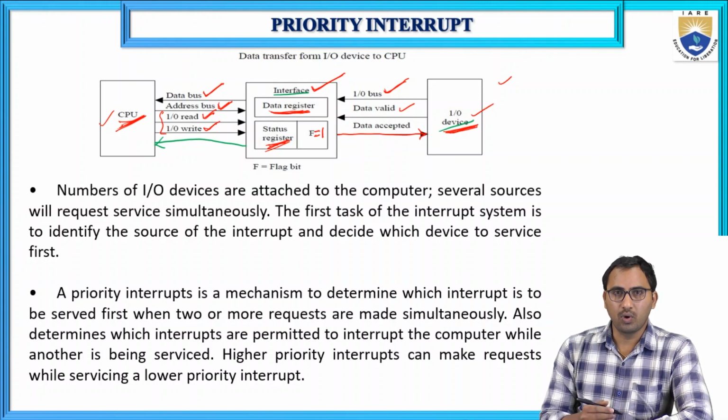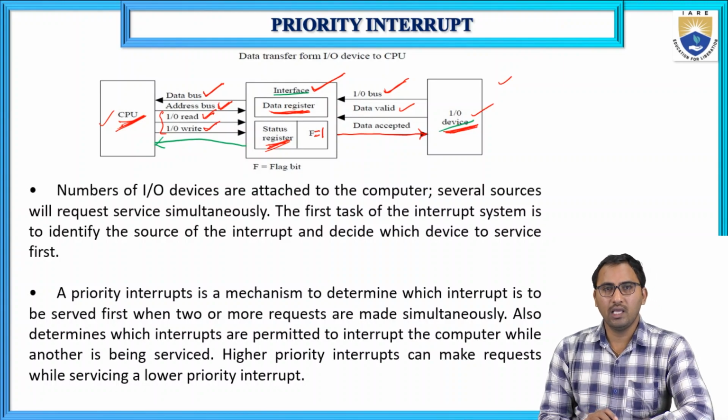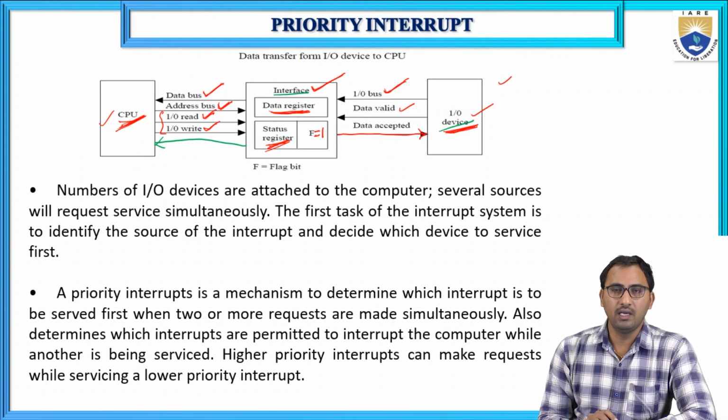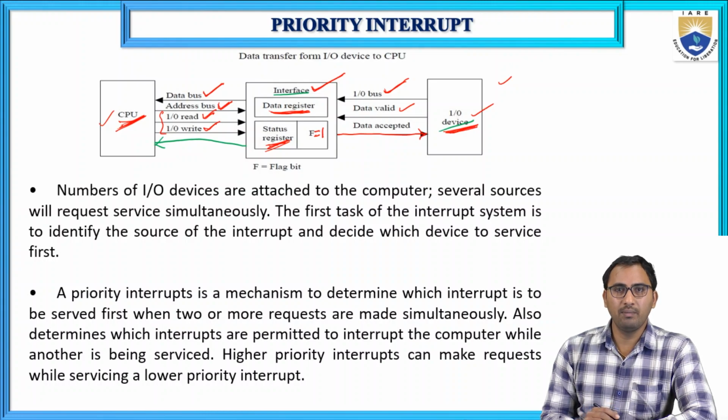Then the CPU's program control is transferred to the interrupt service routine program. So that is interrupt initiated I/O. That means the CPU is involved in the data transfer only whenever it receives an interrupt signal. Otherwise, the CPU is busy executing its important programs.